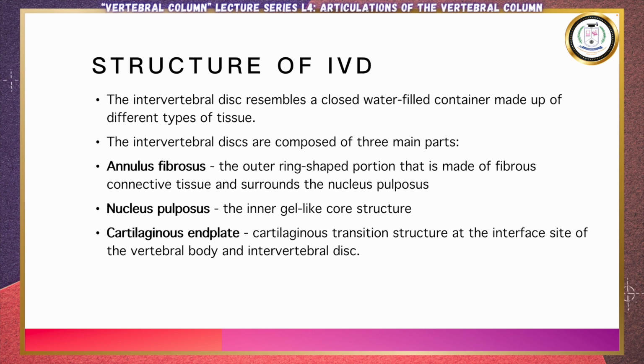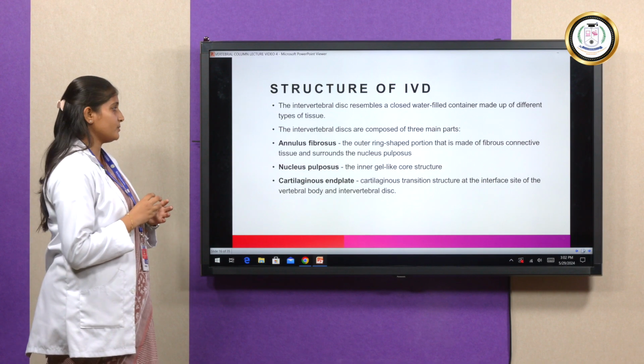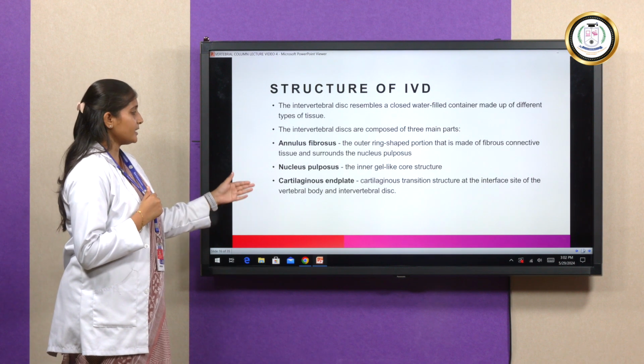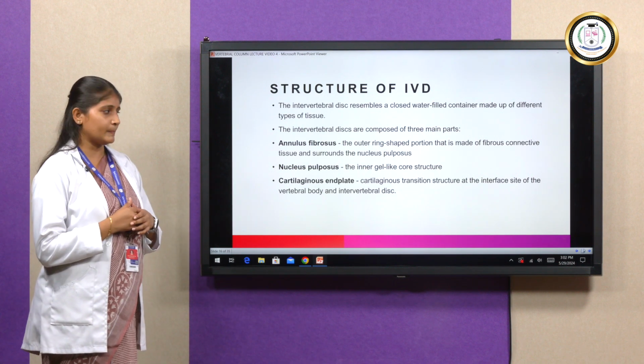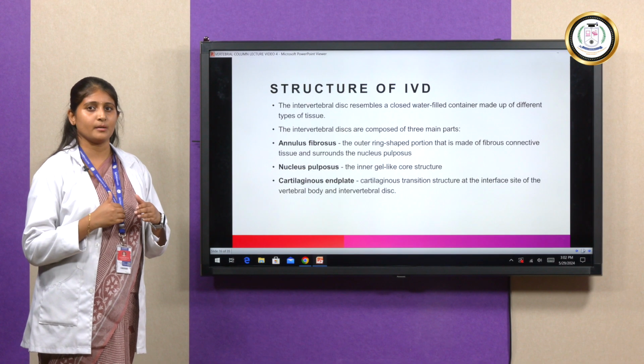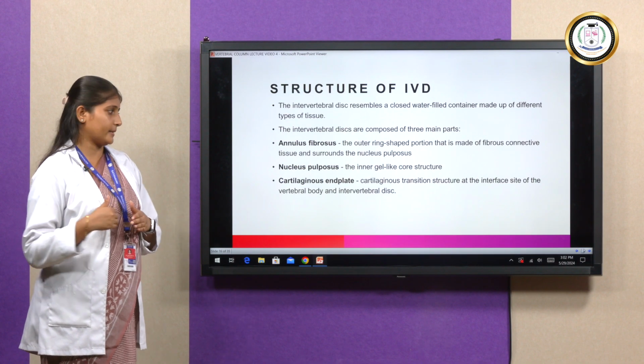It is the innermost jelly-like structure, which is the core structure of the intervertebral disc. Then we have the cartilaginous end plate. These cartilaginous end plates are nothing but the bony transition of the vertebral bodies to the intervertebral disc.